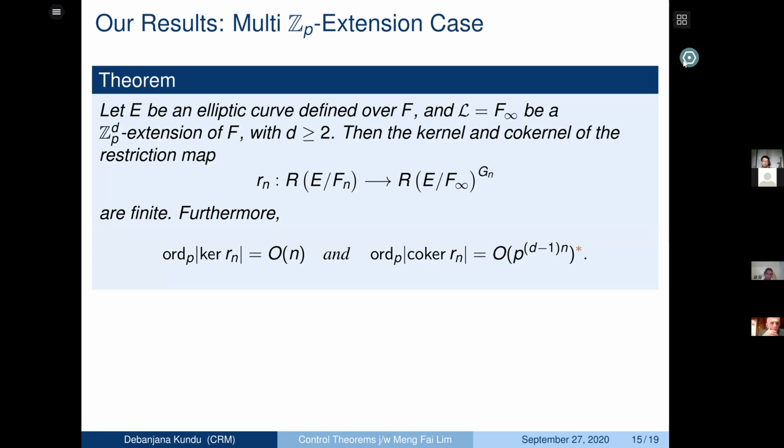So I just want to quickly give you a flavor of the sort of results we prove. The first one is we are not looking at the case D equals 1 because that has already been studied. So we look at the case D bigger than or equal to 2, and we get an explicit bound on what the kernel and the co-kernel are.